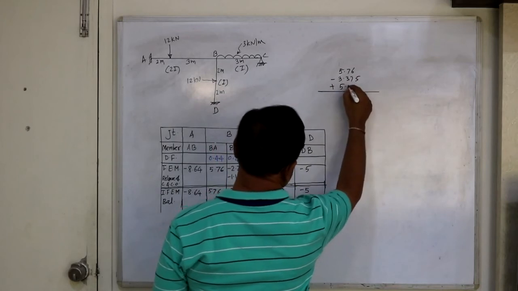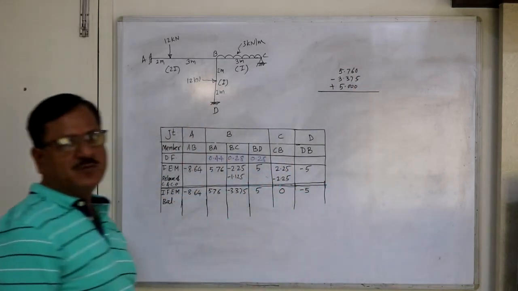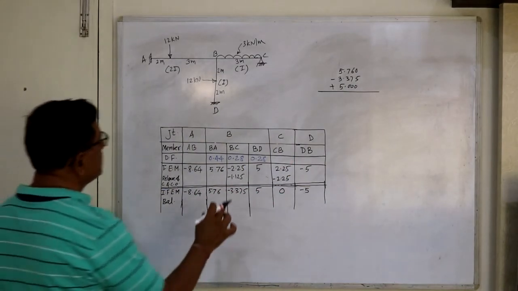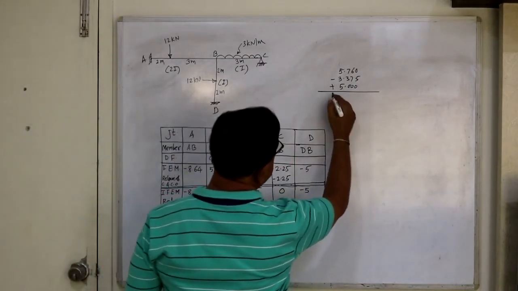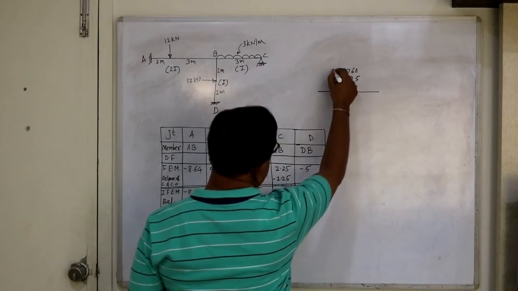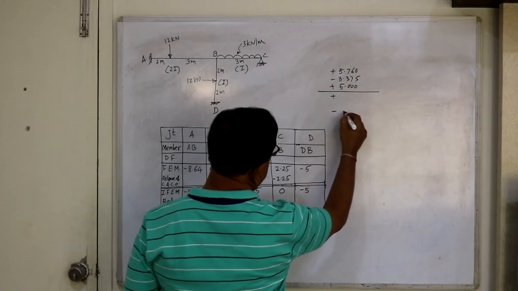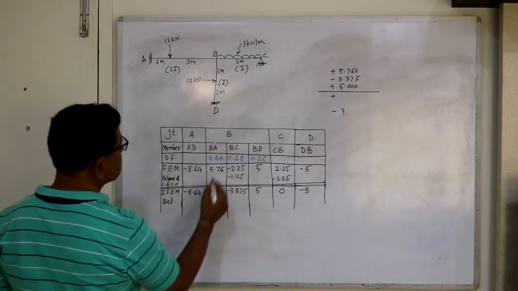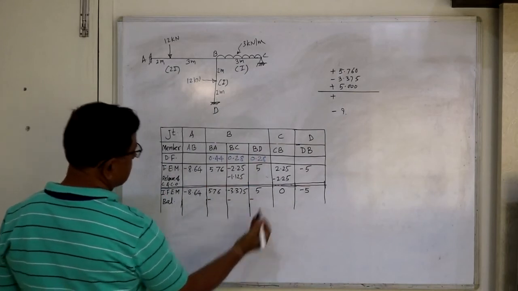So you calculate the unbalanced moment, and that unbalanced moment is multiplied by 0.44. I think this is plus, this is also plus, so you will get positive. So whatever this value is, the balancing moment will be minus, minus, minus.